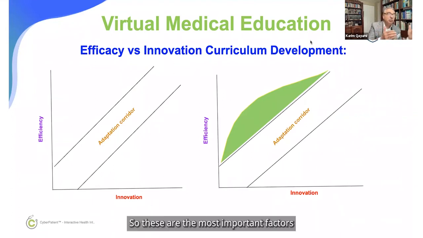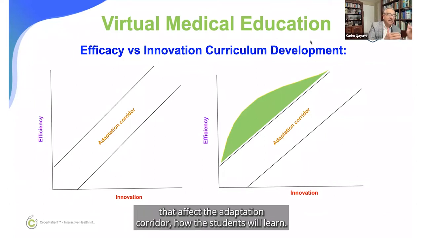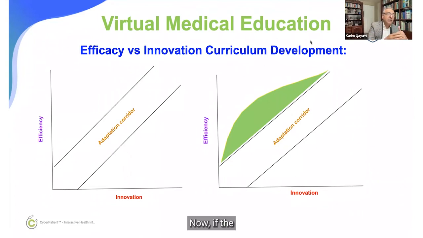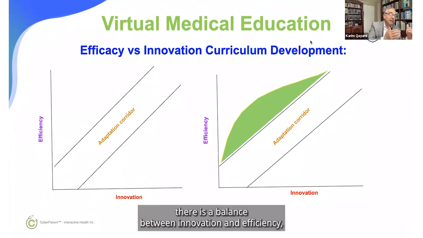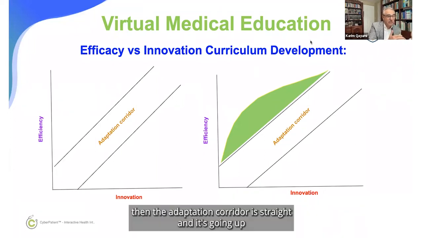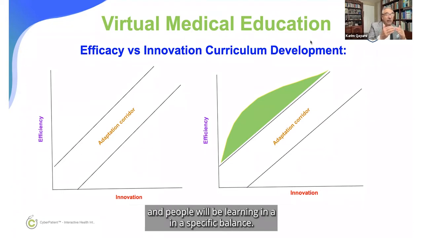These are the most important factors that affect the adaptation corridor, how the students would learn. Now, if there is a balance between innovation and efficiency, then the adaptation corridor is straight and it's going up, and people will be learning in a specific balance.